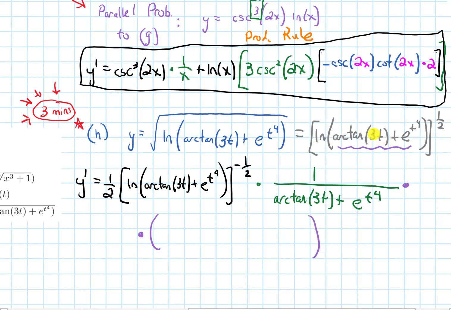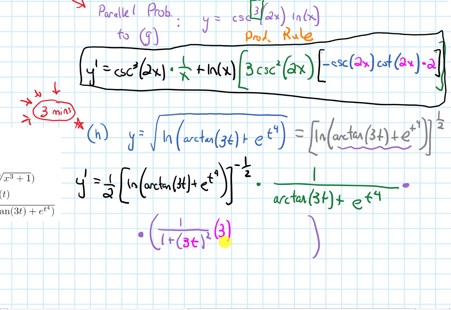Okay, for the derivative of arctan of 3t, that's another chain rule. The outside function is arctan. I know the derivative of arctan is 1 over 1 plus t squared. Usually I'd write t squared, but in this case, it's chain rule, so I keep plugging the same inside thing in. So I would write 3t being squared, and then I do the chain rule step, and I multiply by the derivative of the inside.